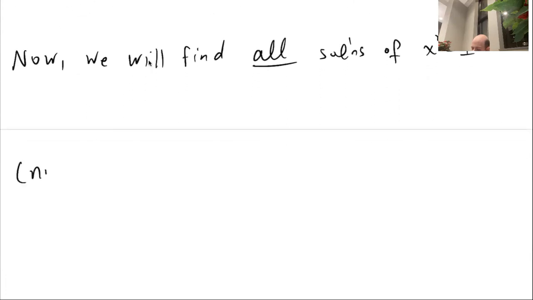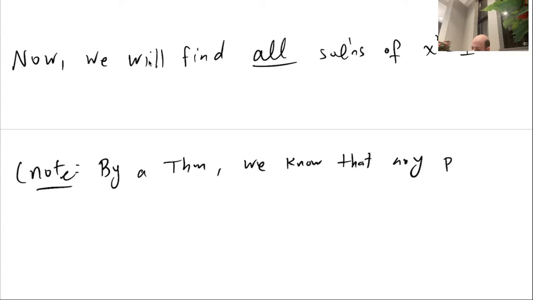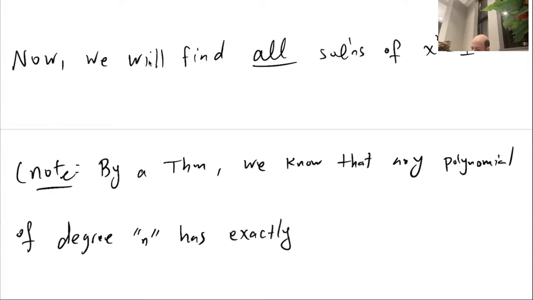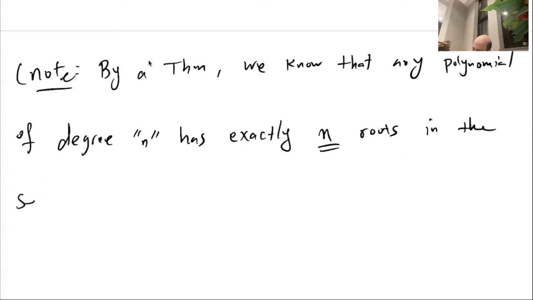So note that by a theorem, we know that any polynomial of degree n has exactly n roots in the set of complex numbers.